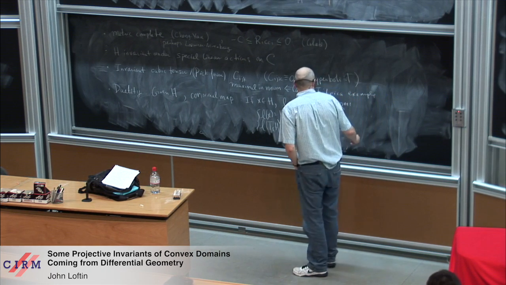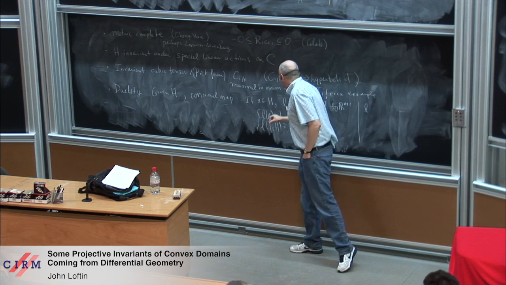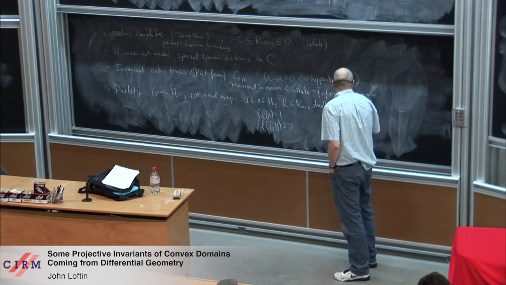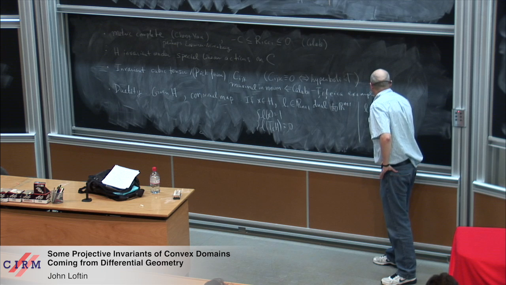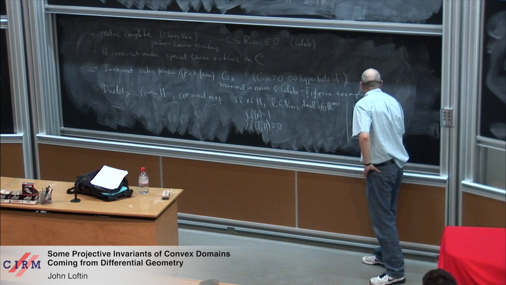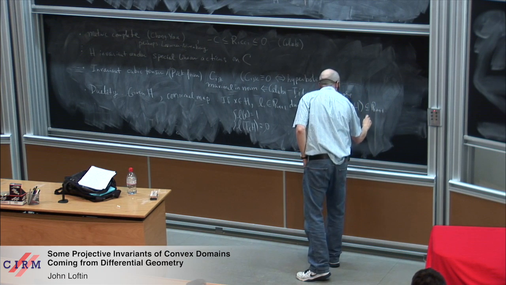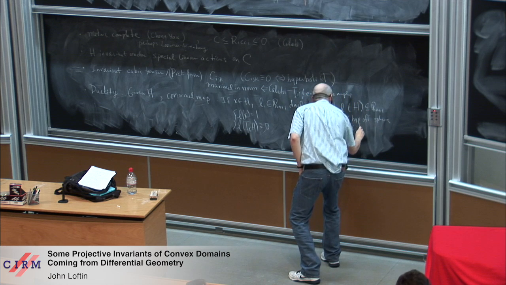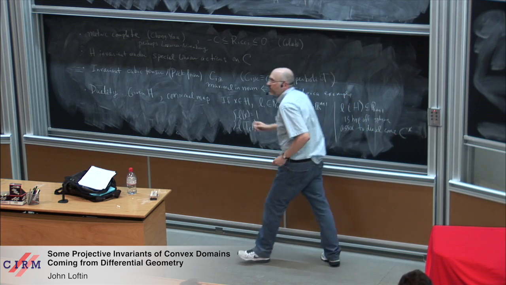So this is L at X. My notation isn't exactly great here. This L of H in the dual R^(n+1) is a hyperbolic affine sphere associated to the dual cone, C star.